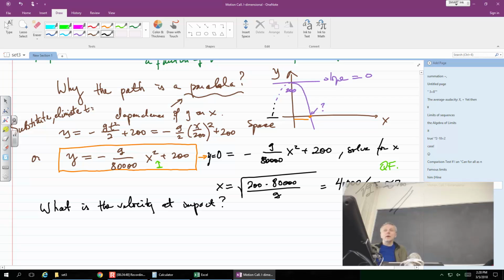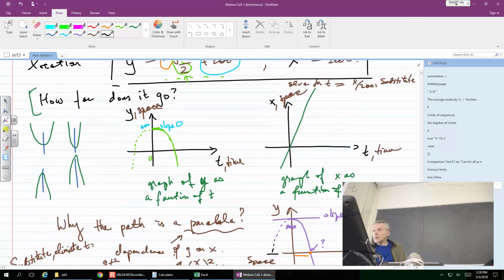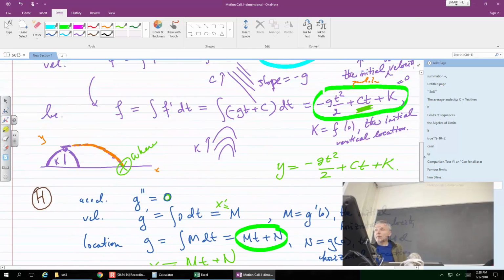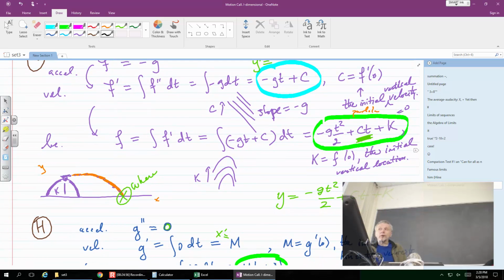The formula for the velocity is here. The vertical velocity is the picture in blue at the very top, and the blue for the horizontal component is this. It's very simple. The horizontal doesn't change.